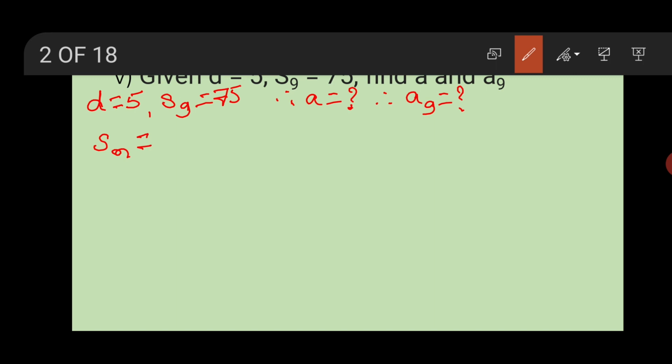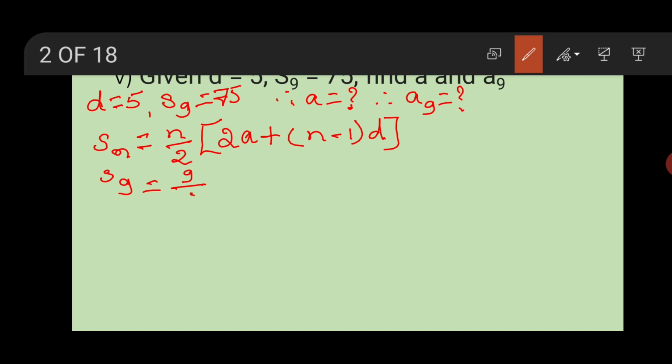The sum of n terms of an AP, Sn, is equal to n divided by 2 into 2a plus n minus 1 into d. Now substitute the value of Sn. It is S9, so the value of n is 9. Sn is 9 divided by 2 into 2a plus 9 minus 1 into d, the value of d is 5.